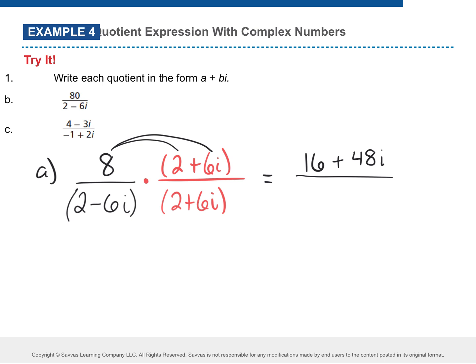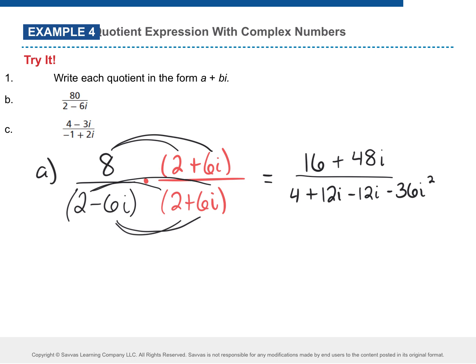Think of this as put parentheses around those. So I take 2 times 2, 4. 2 times 6i, 12i. Negative 6i times 2, negative 12i. And then negative 6i times 6i, negative 36i squared.